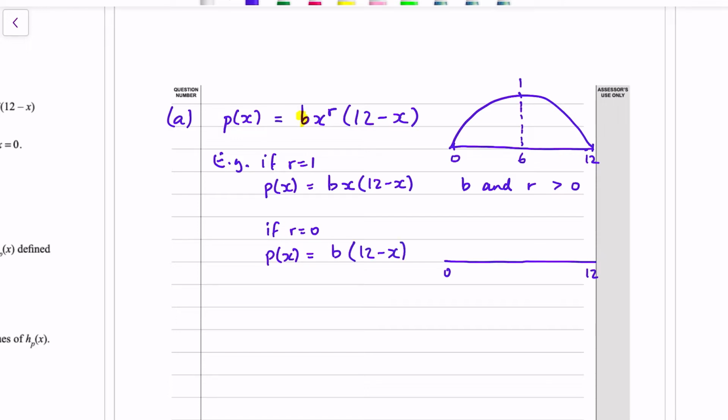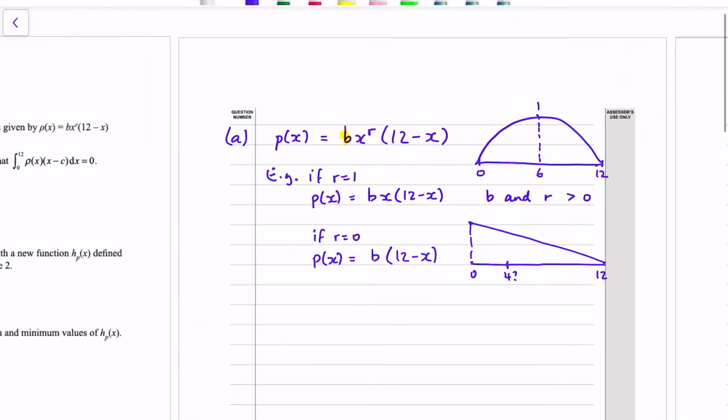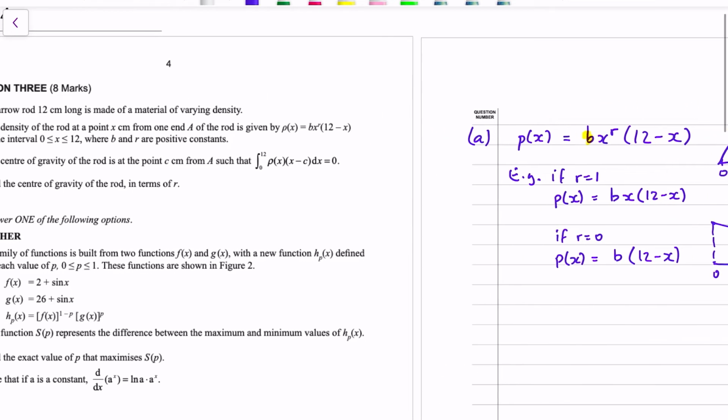We get a negative linear equation, which would start at some highest point and drop off in a linear fashion all the way to 12. If it's denser at the left than it is at the right, then the centre of mass is going to be somewhere to the left end of the rod. Maybe at 4. Okay, so that's just to get my head around what this density function is.